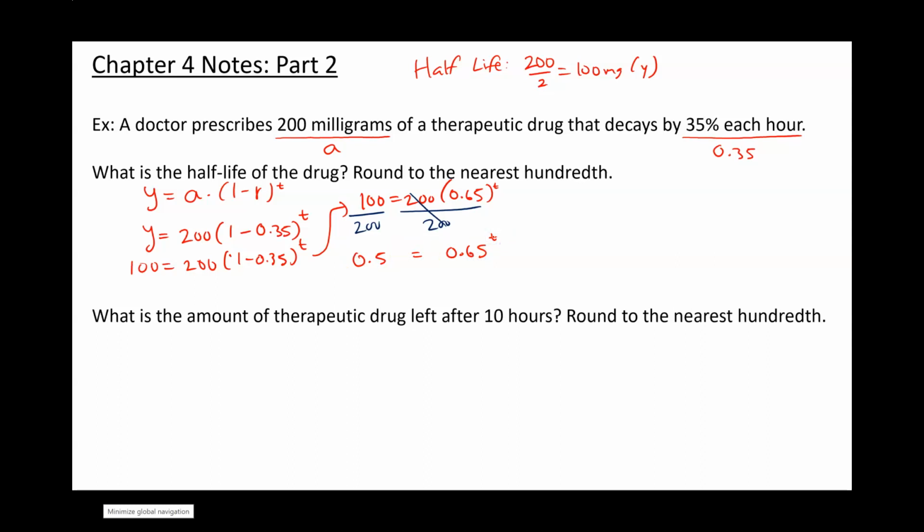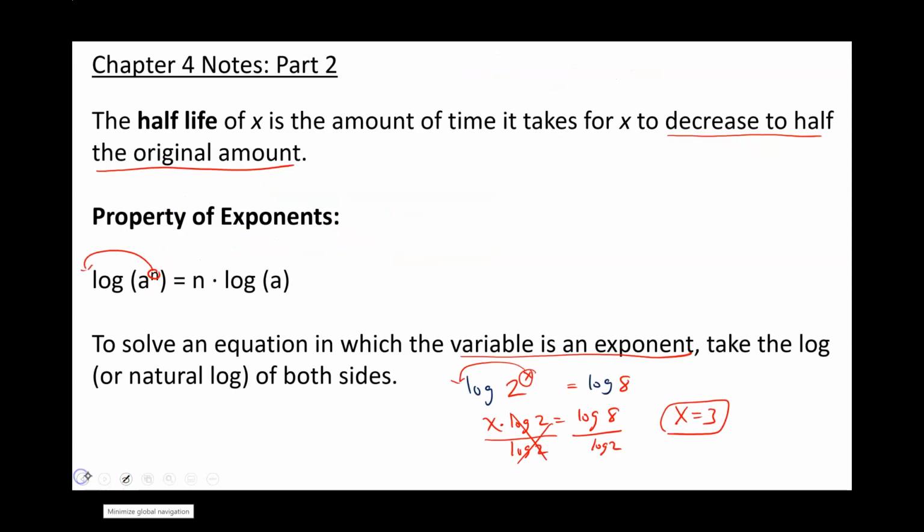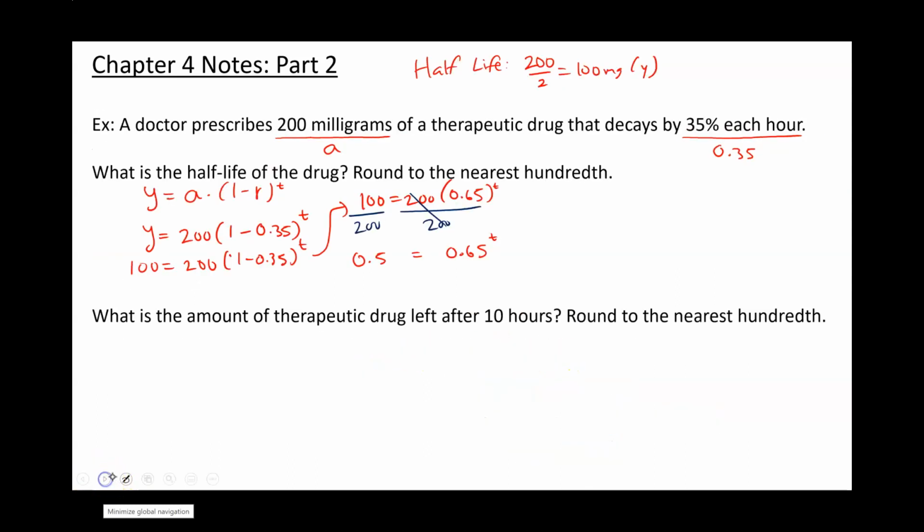Now, this is where the properties of logarithms come in. Remember we learned that if your variable is an exponent, we take the log or the natural log of each side. Either one works. So in this case, our exponent is a variable. t is what we're looking for, and that happens to be the exponent. So we are going to take the logarithm of the left and right side. That's how we solve any equation where the exponent is a variable.